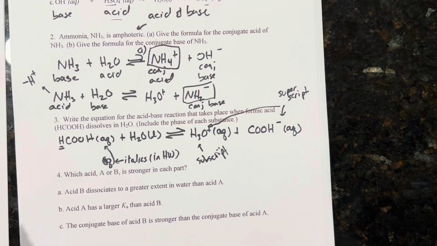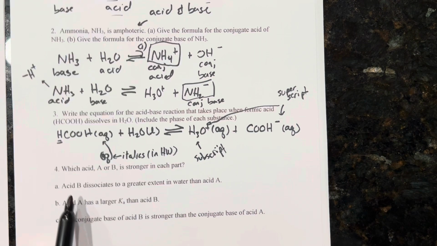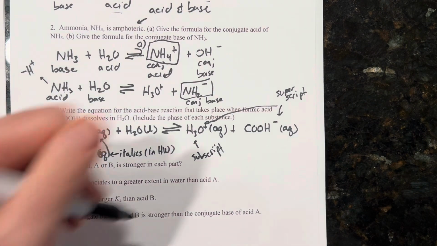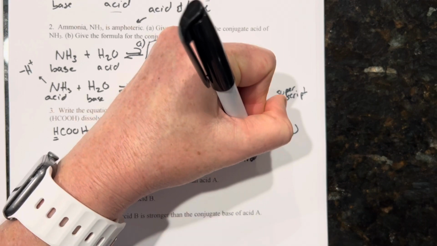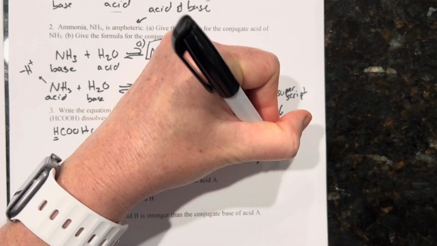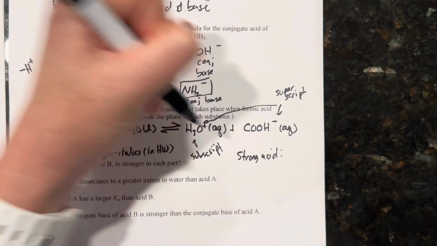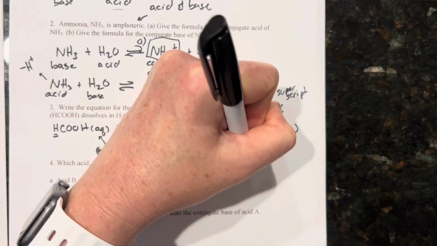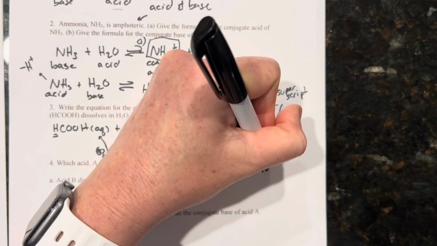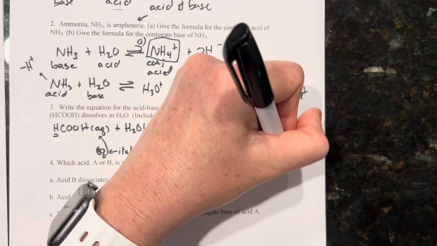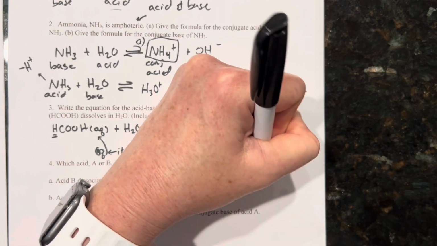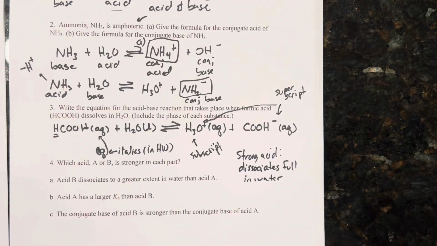All right, moving on. Which acid, A or B, is stronger? Remember, here's what we know about a strong acid. It breaks apart completely, so it dissociates fully in water, right?